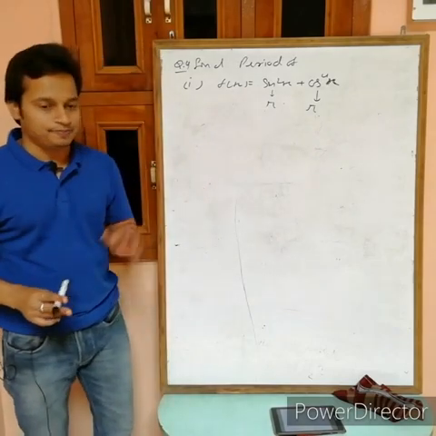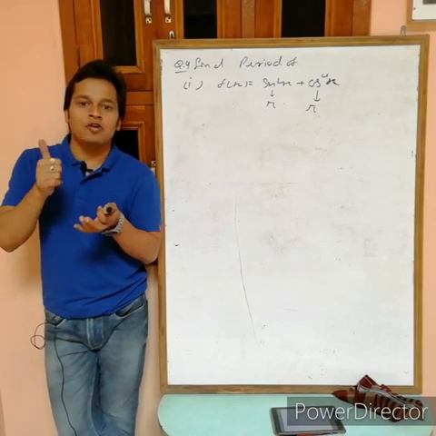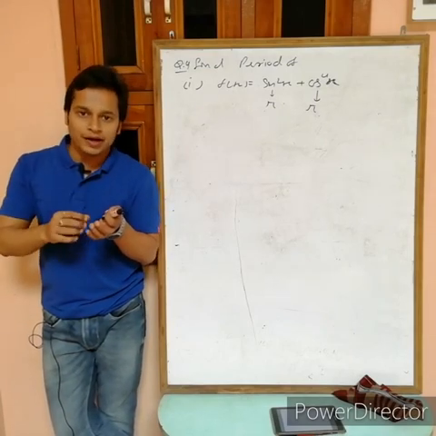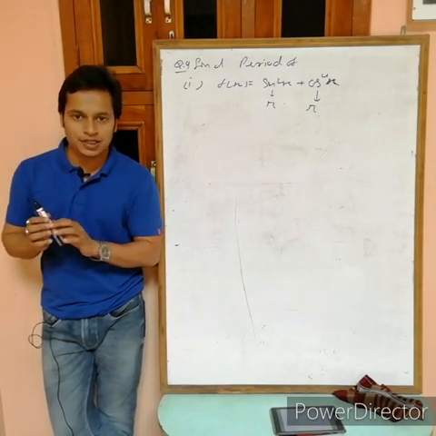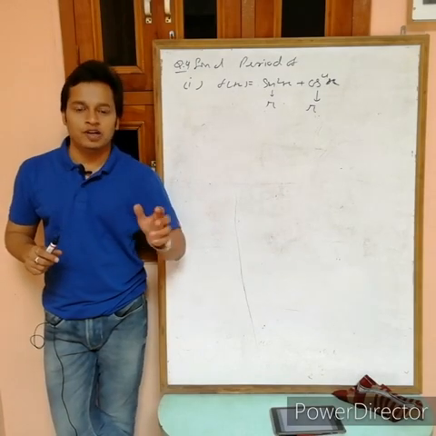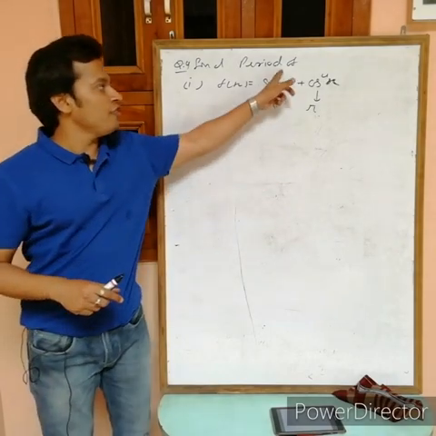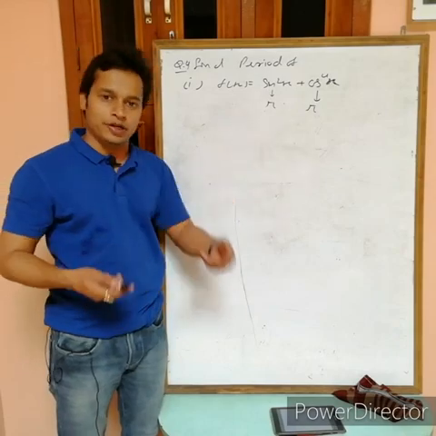Now remember one thing: for sine and cos, if the power is even, then the period is pi, and if the power is odd, then the period is 2 pi. This is because when the power is odd you get both positive and negative signs, but if the power is even, negative also becomes positive.